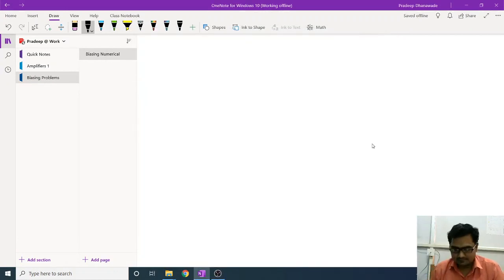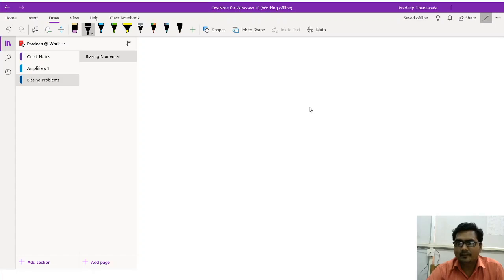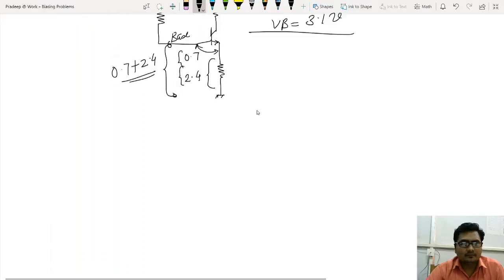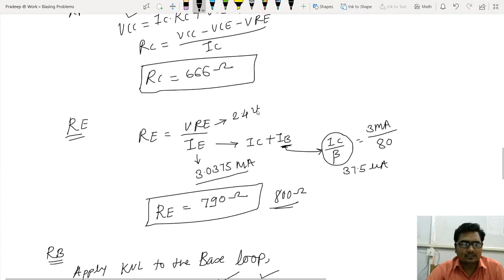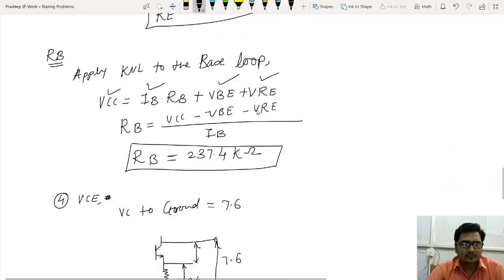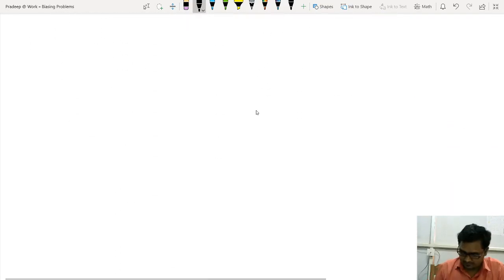Now it's time for collector to base bias. Let me write it here. Look at this, this is what we previously solved, emitter bias. Let me write the title as collector to base bias.